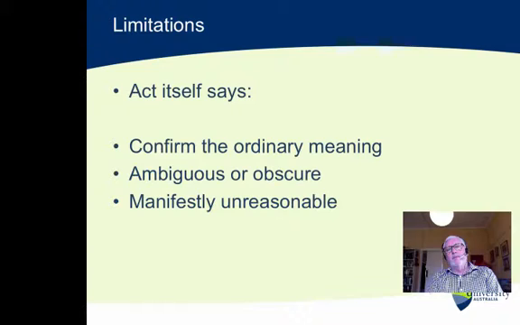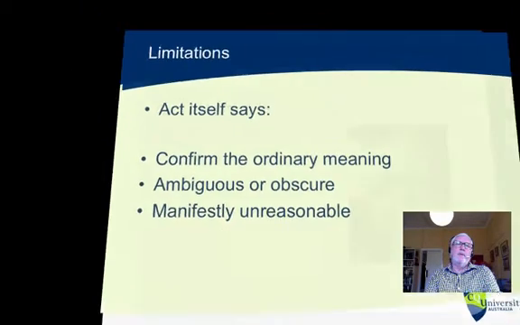There could be a couple of possible meanings, or the meaning might have changed over years, or the meaning's a bit obscure, or we've come up with a result using the ordinary meaning which is manifestly unreasonable. But manifestly unreasonable doesn't mean that it doesn't meet your case. It means that it's coming up with an absurd result. So, another limitation that you need to think about in the use of extrinsic material.